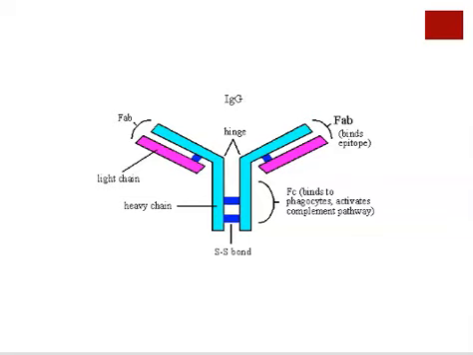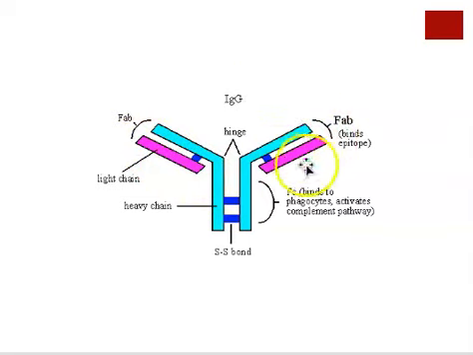Now, on this slide, this is just another drawing of an antibody. It's a little bit easier to see the structure of it. This represents an IgG. You can see in this turquoise color, this is a heavy chain, and this is a heavy chain. And in this fuchsia color, this is a light chain, and this is a light chain.